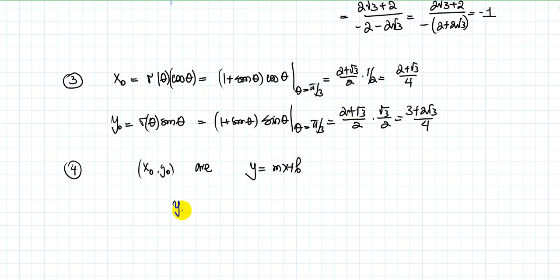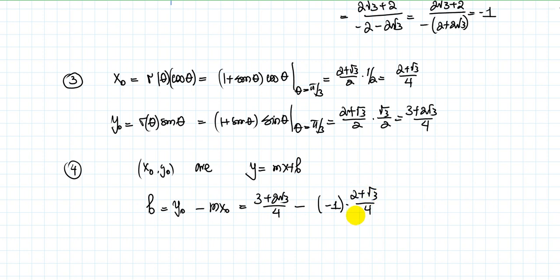So y0 minus m x0 is going to be equal to b. I need to substitute here y0, which is equal to 3 plus 2 square root of 3 over 4. And do you remember what was m? Minus 1. We calculated this in step number 2. And x0 is going to be 2 plus square root of 3 over 4, right?